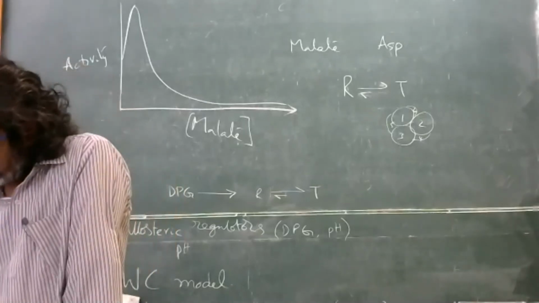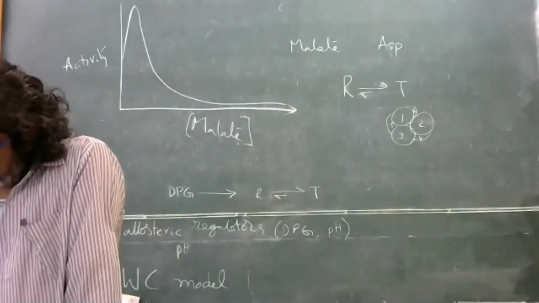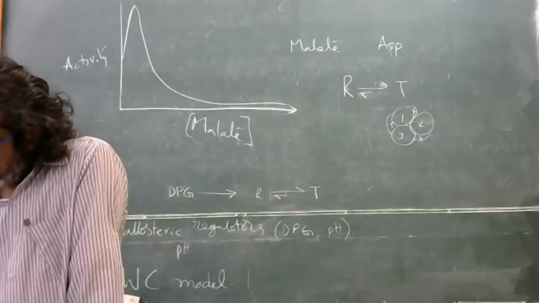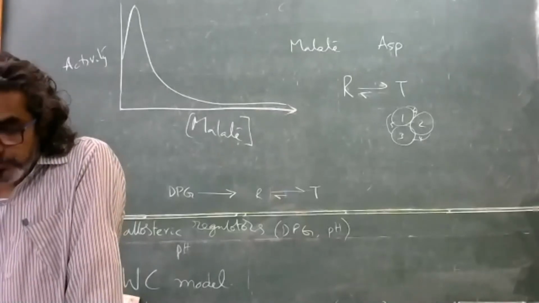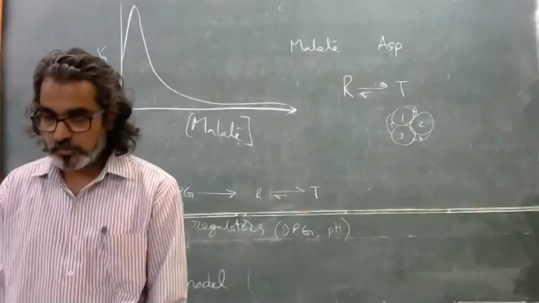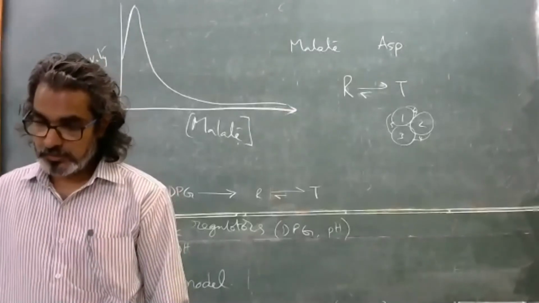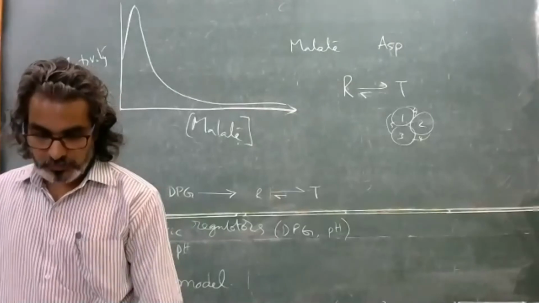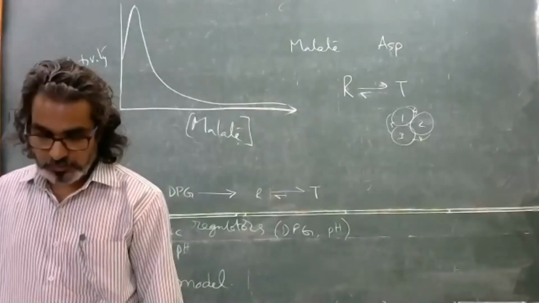That's why it decreases the affinity of hemoglobin towards oxygen. Yes, we didn't really talk about the structural specifics of these molecules, how they actually get affected. So that's a possibility, depending on what functional groups it has.